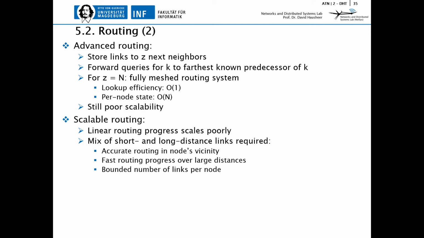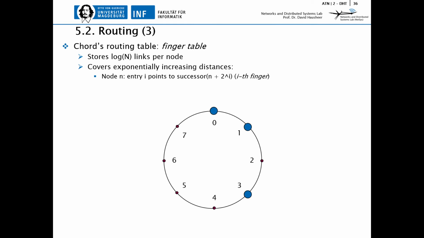We also need to ensure that the number of links every node needs to maintain to other nodes is bounded, so that it doesn't increase beyond limits. The way that Chord achieves that is with an approach called the finger table, and you'll see why it is called that.